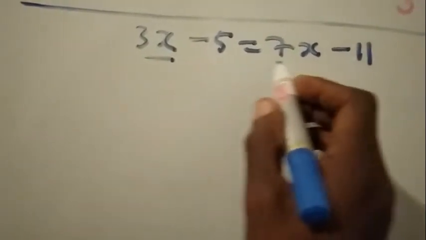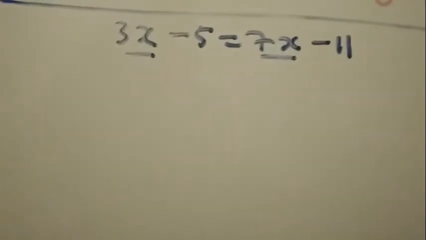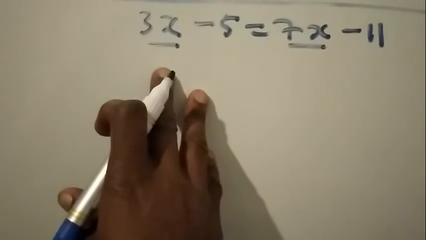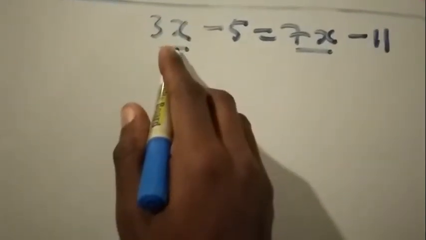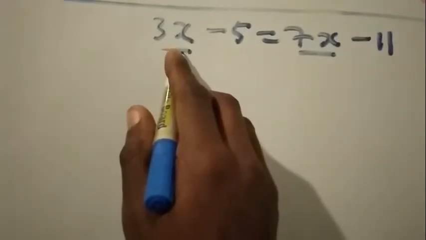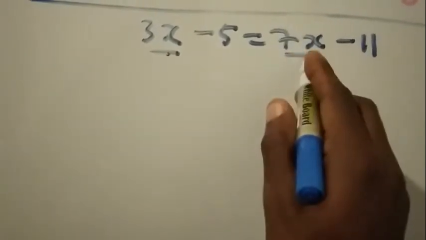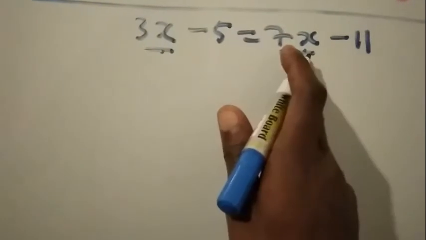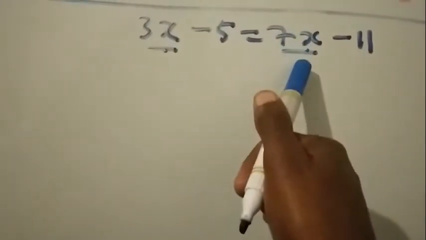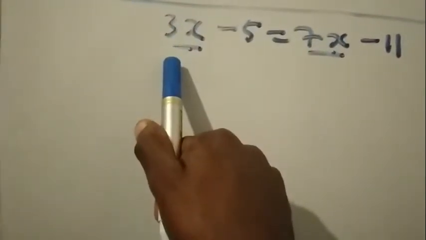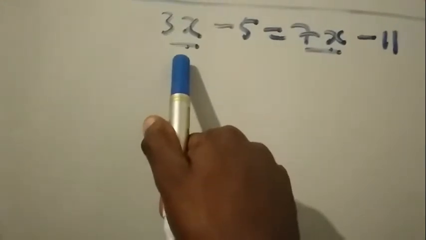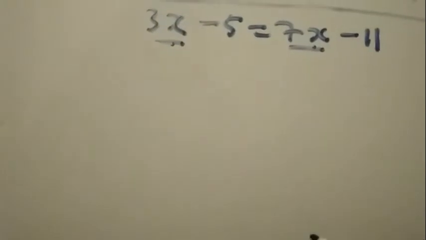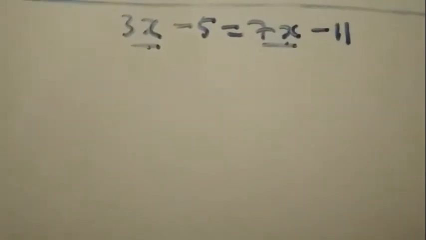There is 3x and there is 7x over there. What you probably see is, how should I work out an equation which has similar letters? Of course, you can simply put them together by crossing over, whichever you prefer, or you take 3x to the other side. Okay, so I'll solve it in a simple way.